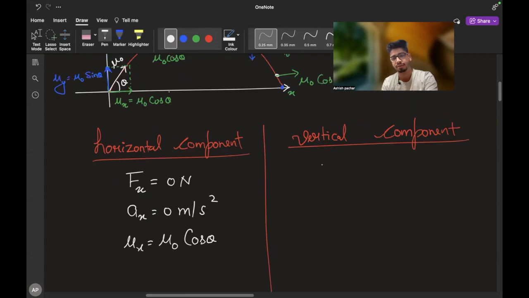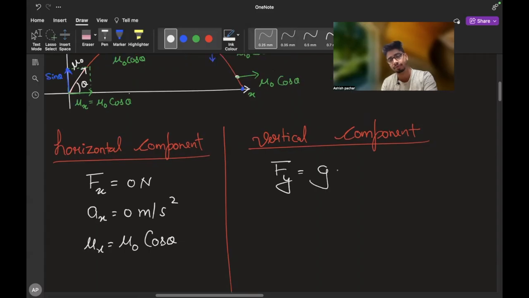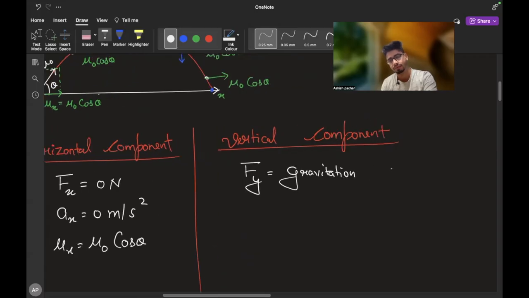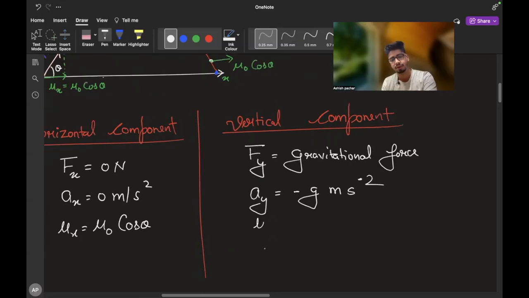Let's write the vertical velocity, where the gravitational force acts. The acceleration in the vertical direction is minus g. The vertical velocity component is u naught sine theta.